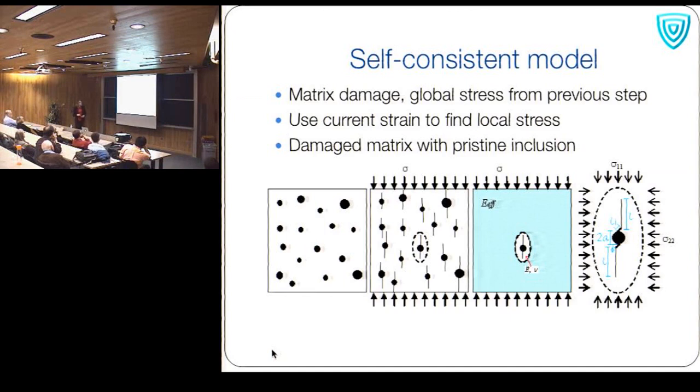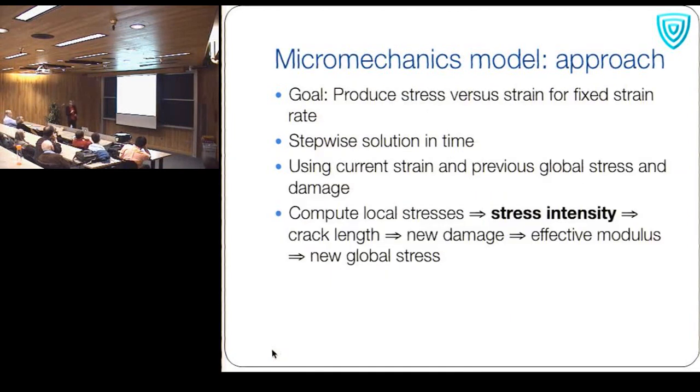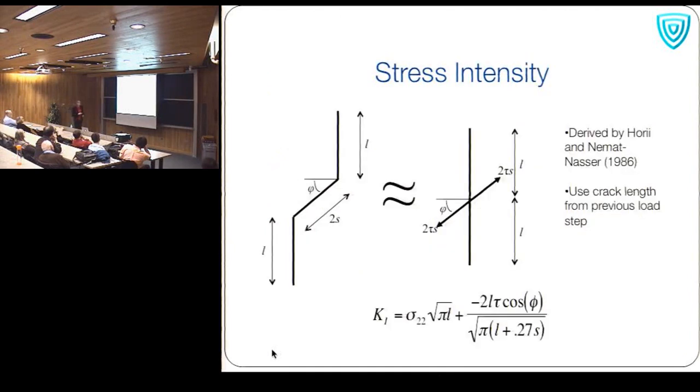The next step is once we have those local stresses, it's pretty straightforward to come up with a stress intensity factor. We used a classic Horii-Nemat-Nasser solution for a wing crack under a given stress state to find the stress intensity at this crack tip, and we're just dealing with mode 1 stress intensity.